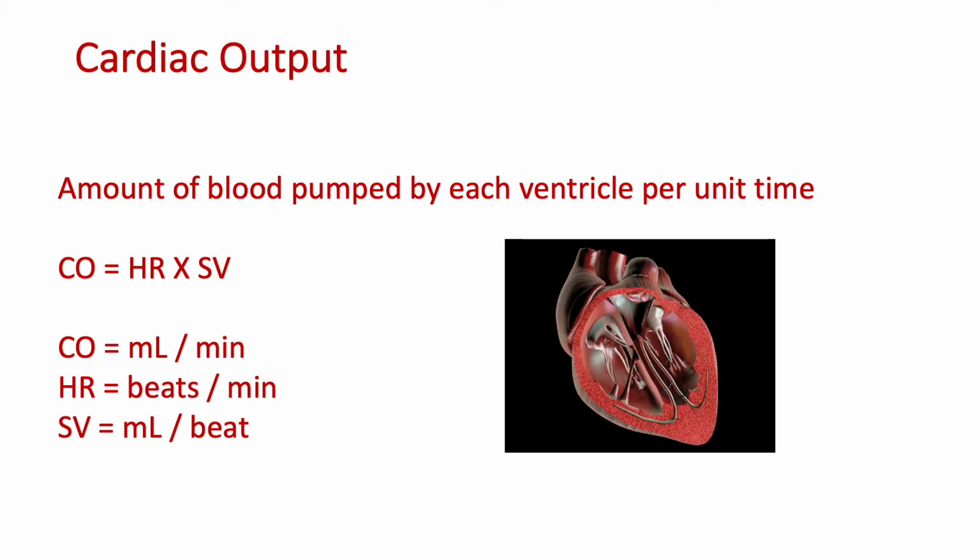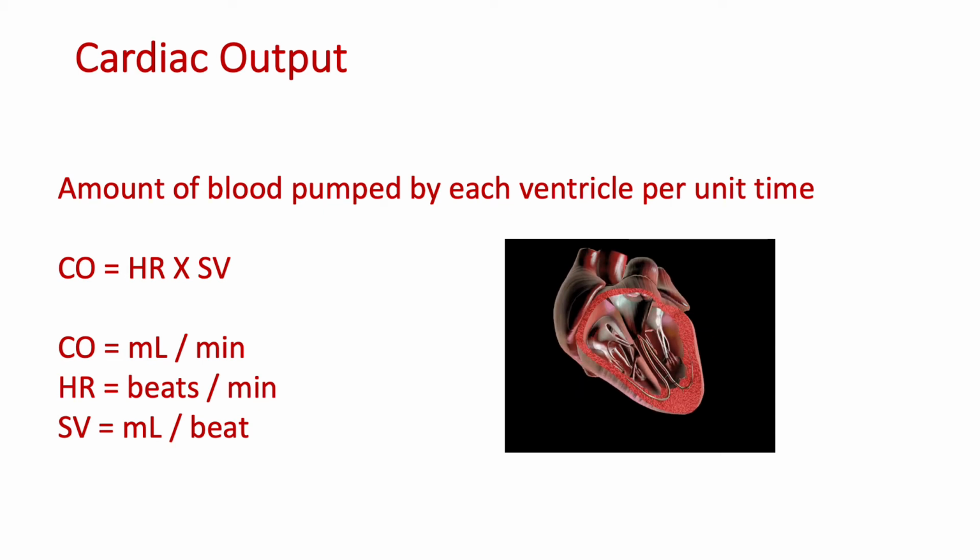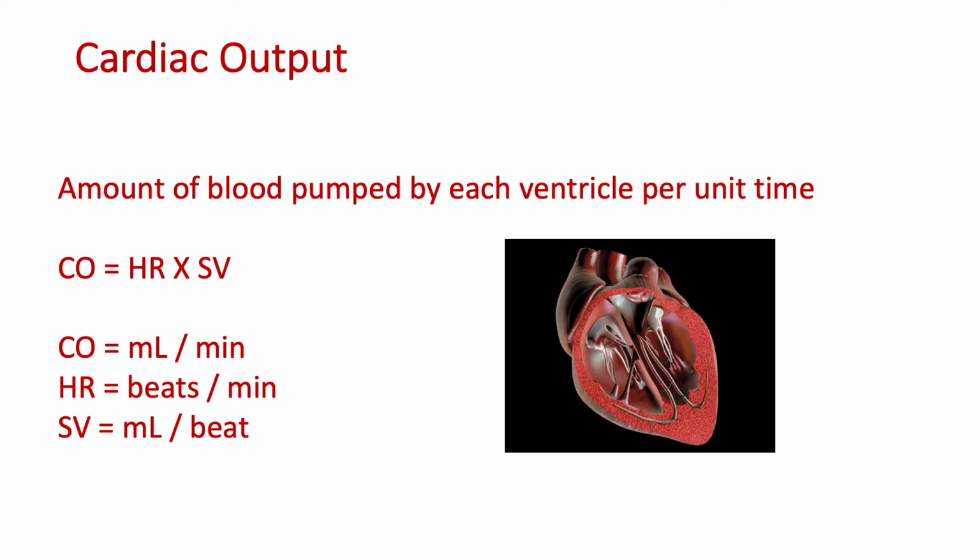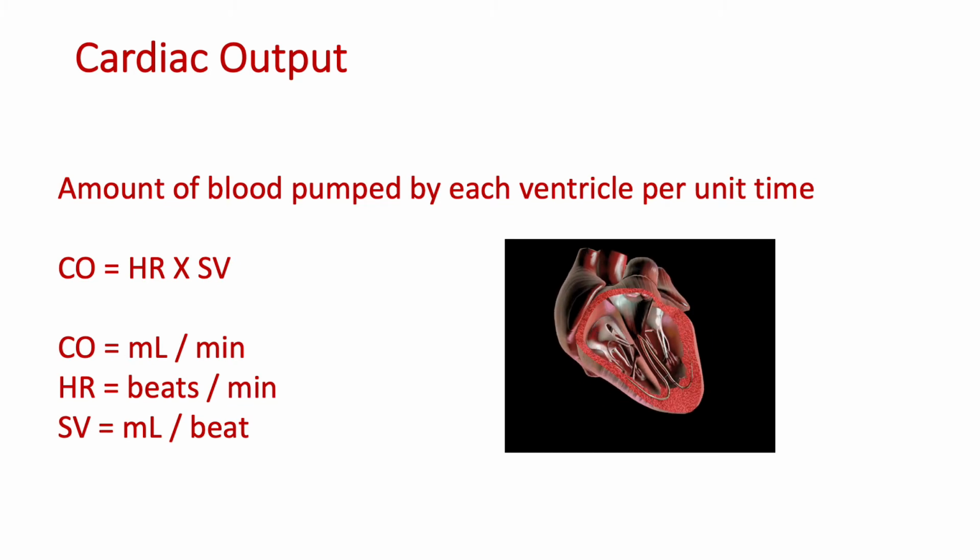Well, cardiac output is going to be the determinant of whether we're adequately perfusing tissues or not, right? We need proper cardiac output, heart rate and stroke volume, in order to deliver oxygen to those tissues. Now, cardiac output is measured in mils per minute, heart rate is BPM, beats per minute, and then stroke volume, or how much blood is being ejected from the ventricle, is in mils per contraction, or mils per beat.